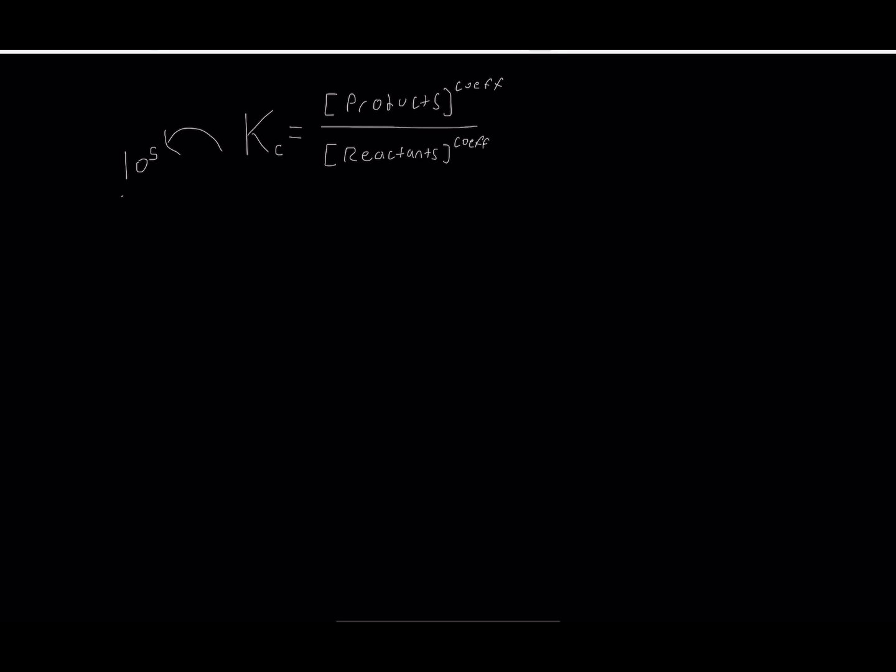Because in order to get a super large K value, wouldn't the numerator have to be some super large value comparatively to the denominator? So that means that the products are going to be favored at equilibrium. Now, if it was something like 10 to the negative 5th, then obviously that would mean our reactants are favored at equilibrium. So just keep that in mind.